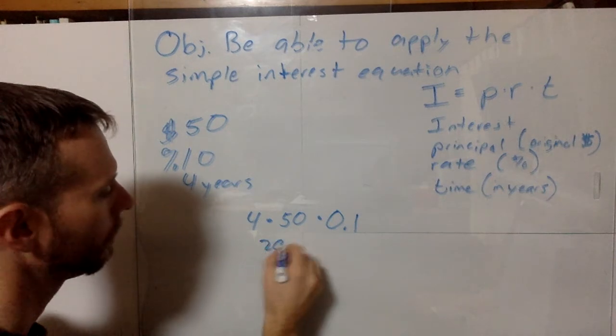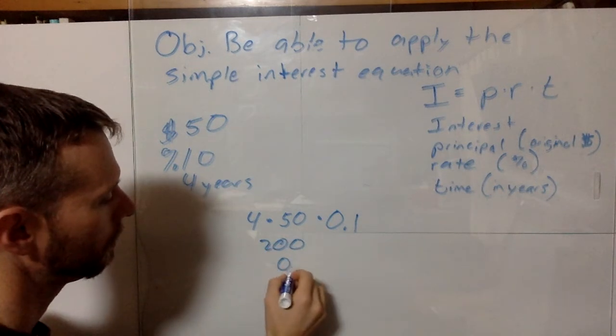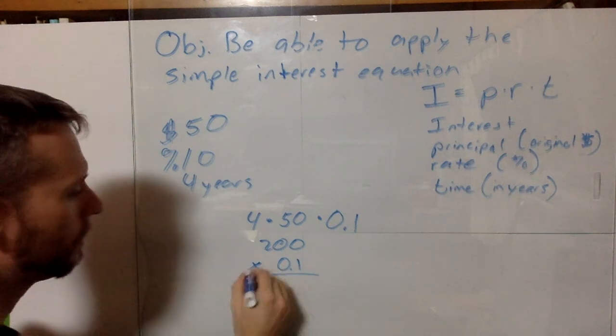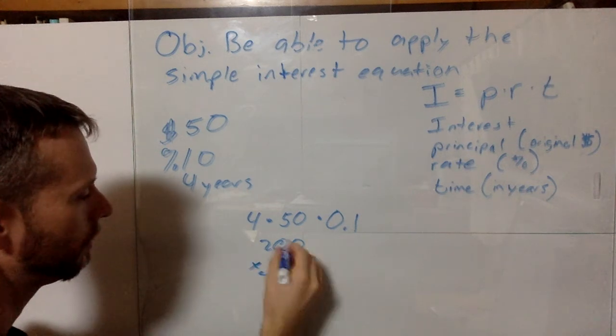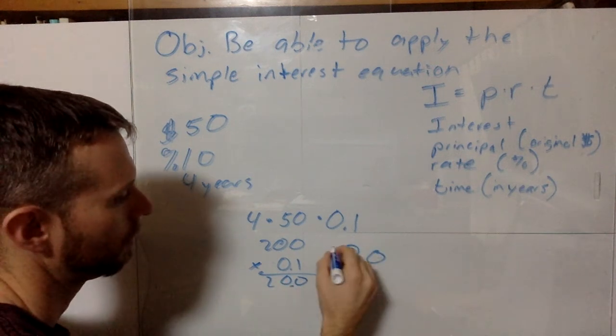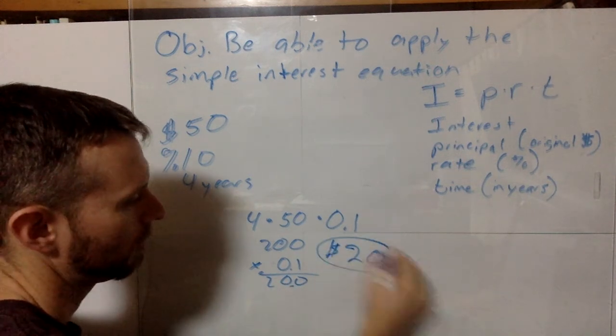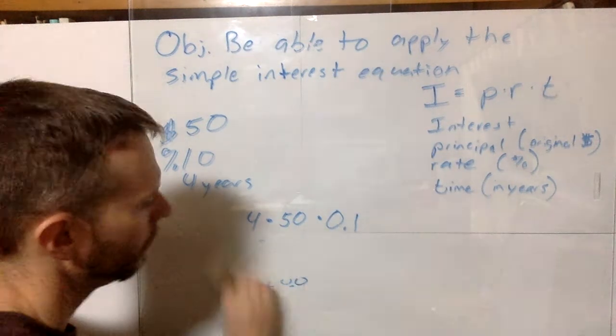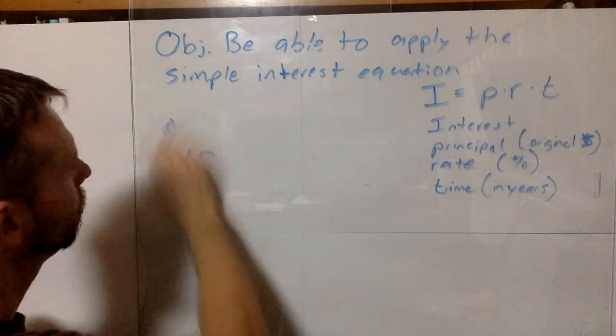This is going to be 200 times 0.1, and that's going to be $20.